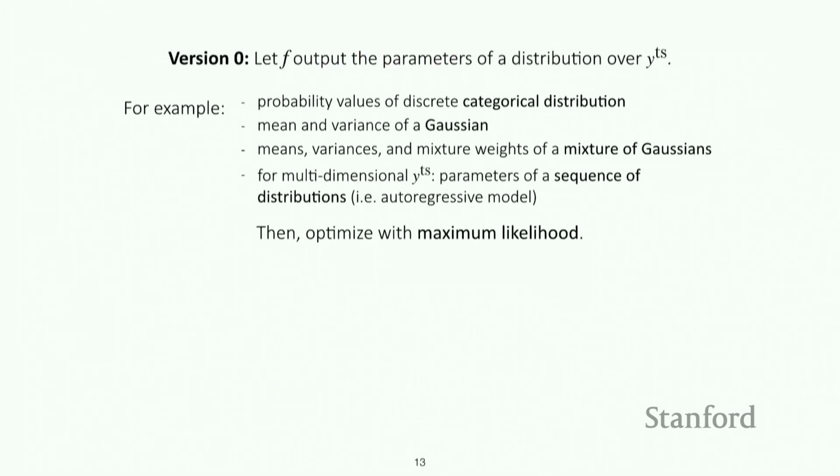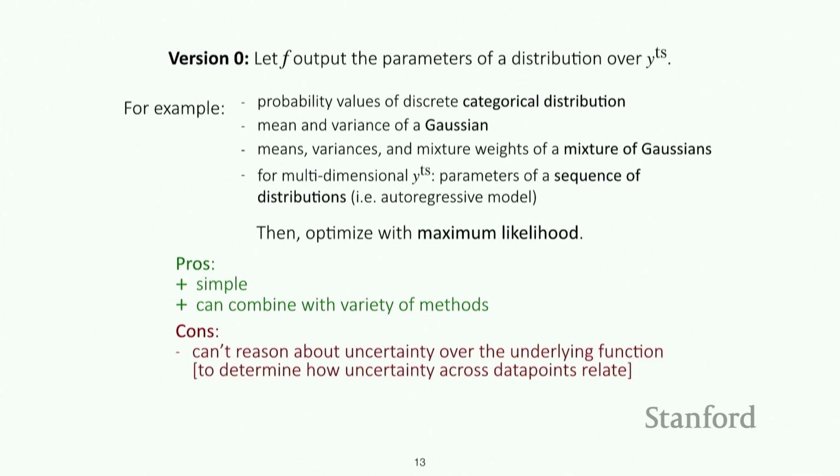Okay, so this is a very simple approach. The benefit is that it's simple, and you can combine it with a variety of methods. The downsides: first, it doesn't always lead to accurate uncertainty estimates, which I didn't write down on the slide, but that's certainly one of the downsides. Another downside is you can't reason about uncertainty about the underlying function, just the uncertainty about the individual data points.